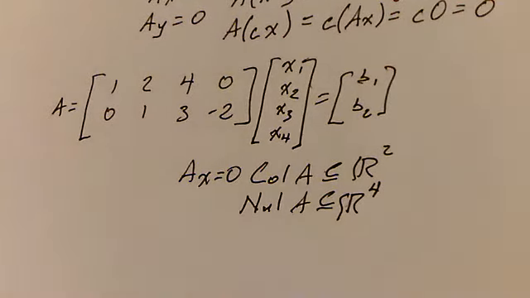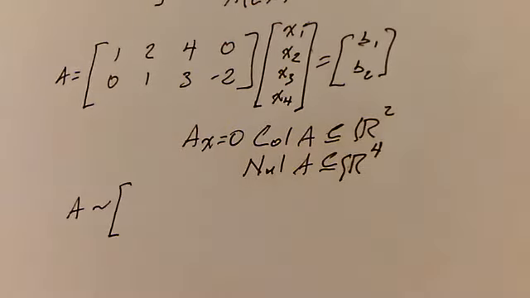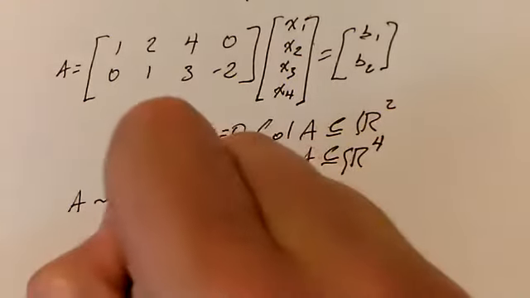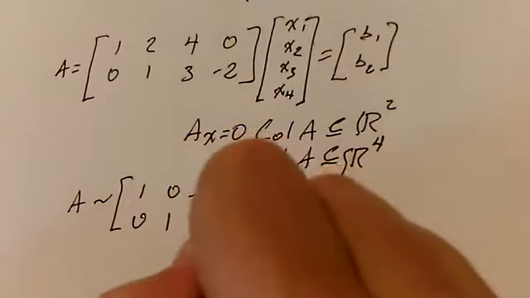Now, I also want to figure out what's linearly independent, and what is the spanning set. So if I take a look at A here, we're going to row reduce A. Type in your 2 by 4 matrix: 1, 2, 4, 0, 0, 1, 3, negative 2. Do your row reduction, and I'm going to get 1, 0, negative 2, 4, and 0, 1, 3, negative 2.